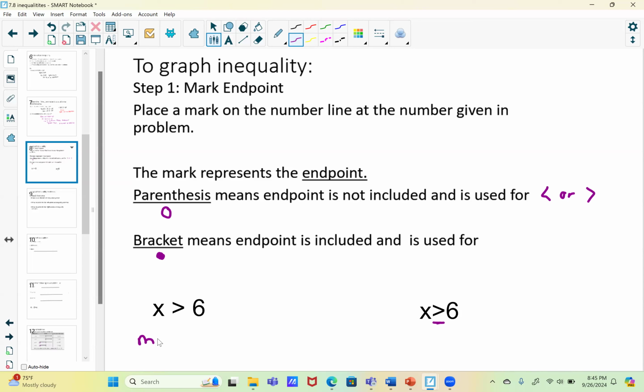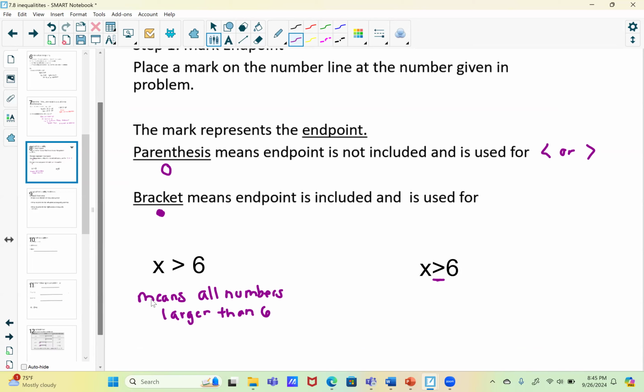This means all numbers larger than 6. And so I don't want 6 included. I want 7 or 8, or I could have 6.1 or 6.01. That's bigger than 6, but I can't have 6.